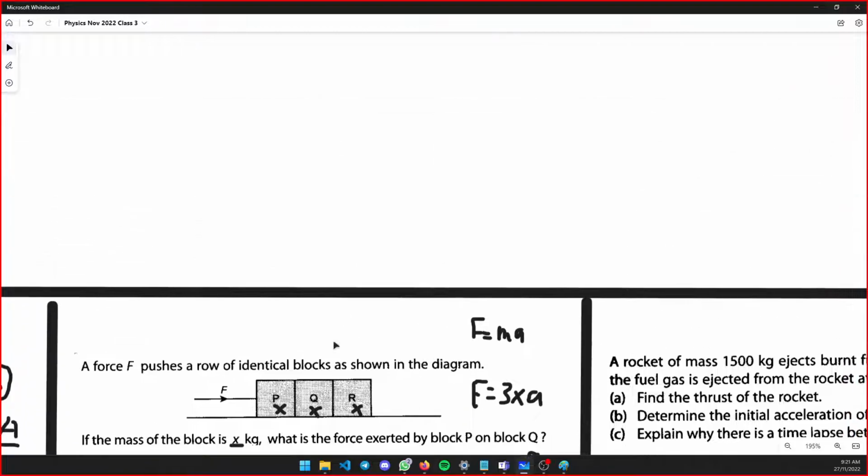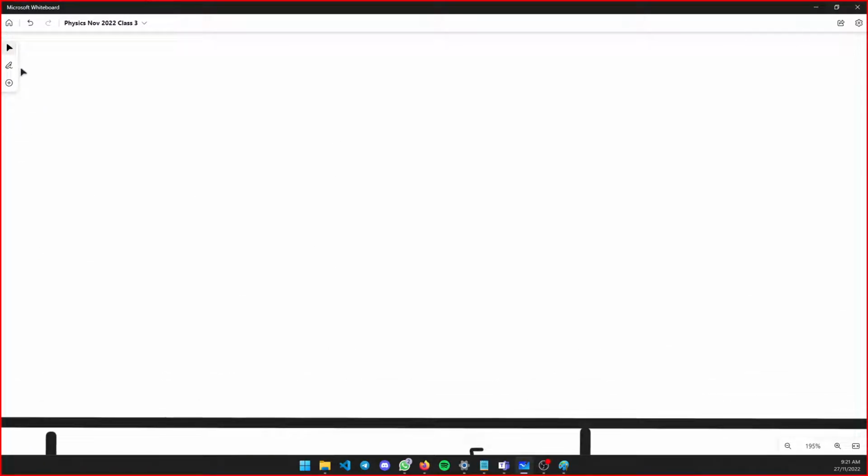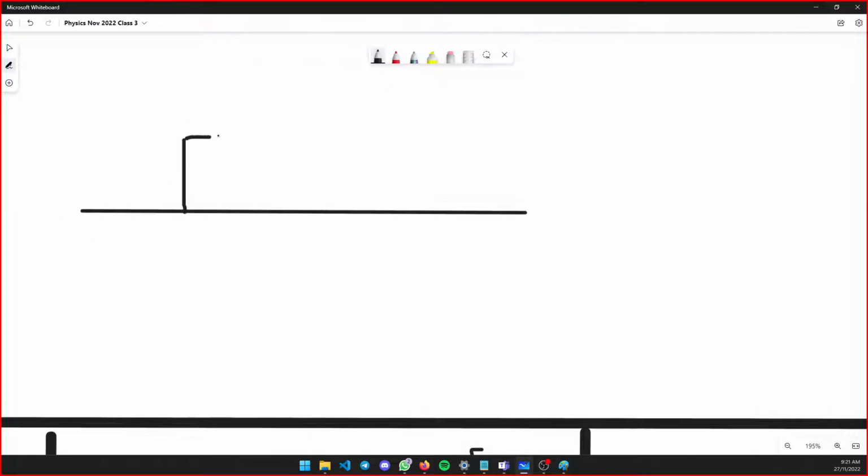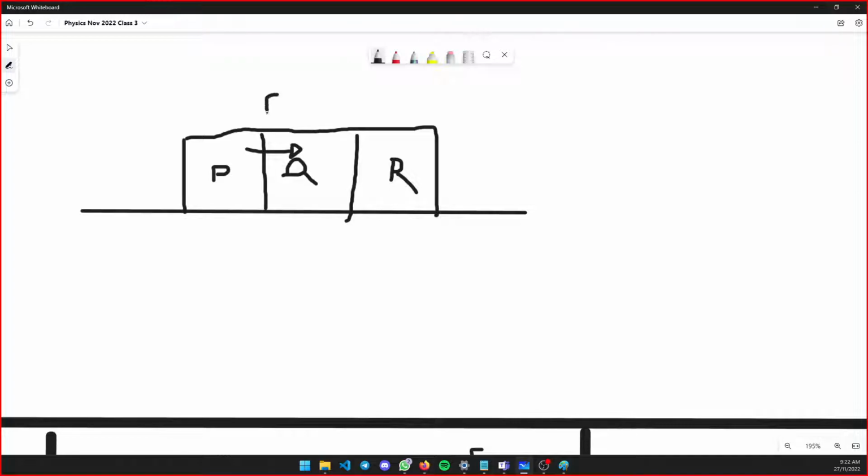Maybe I can draw the diagram over here. To draw the diagram, it will be very clear for you guys. With 3 objects here, they are P, Q, and R. This is pushing here with F1, and then there are two forces interlinked.